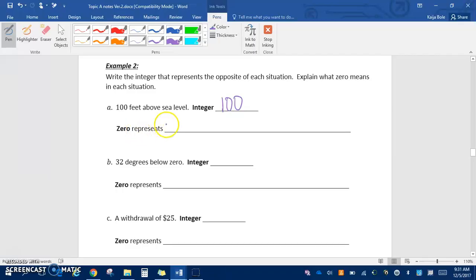So here 0 would represent, if we're talking about sea level, at sea level. So kind of right in the middle. The opposite though, and I want you to write this in, the opposite of 100 feet above sea level would be 100 feet below sea level.